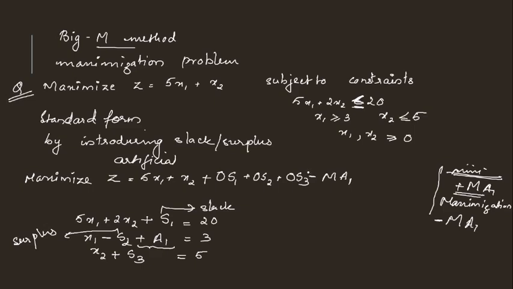Now let's see the initial table. In the initial table, what all things should be included?